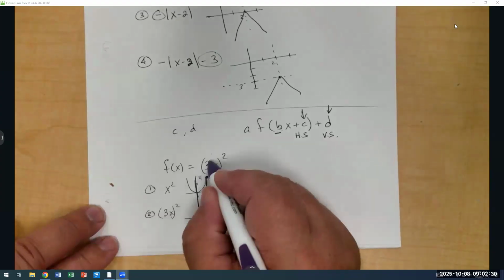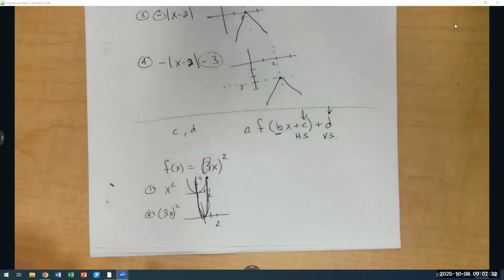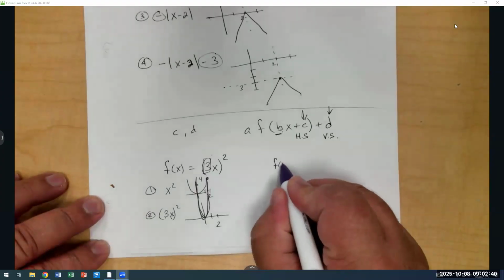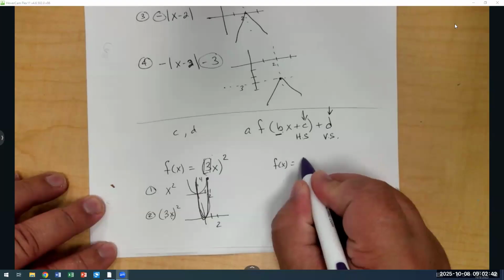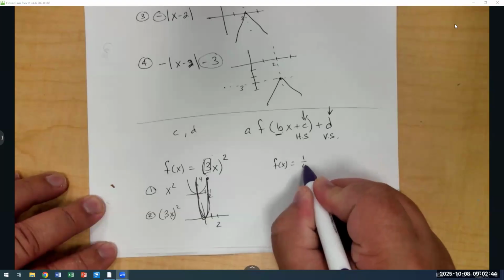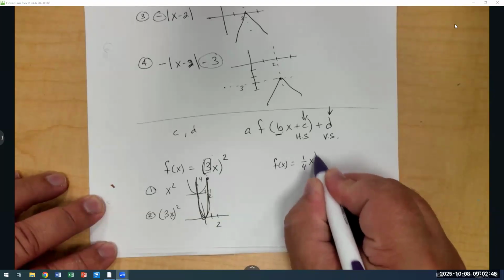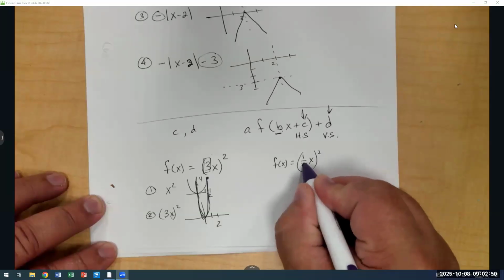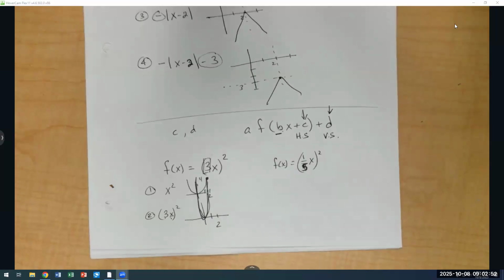So because it's an integer, because it's greater than 1, it gets skinnier. If we had, let's say, 1/5, what would happen there?